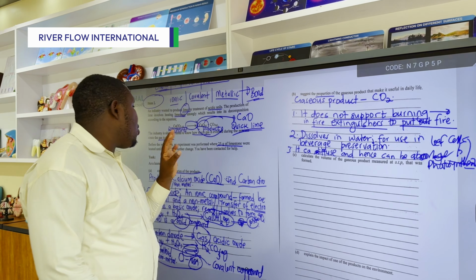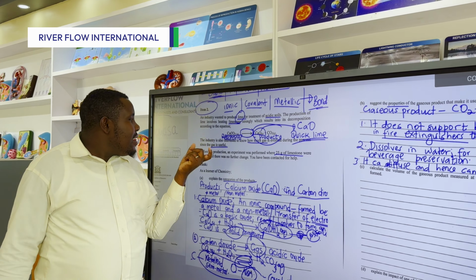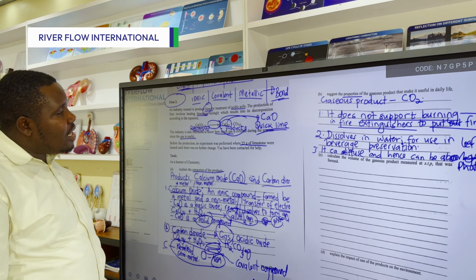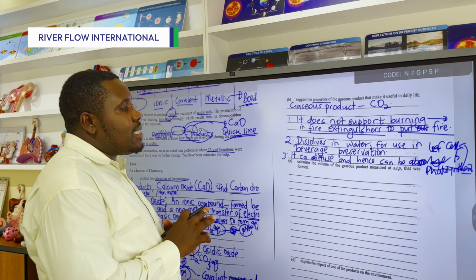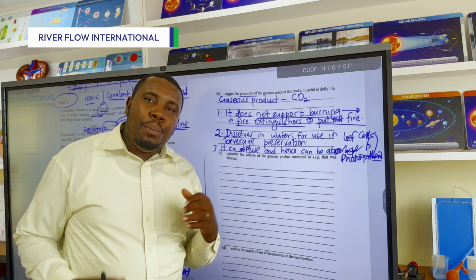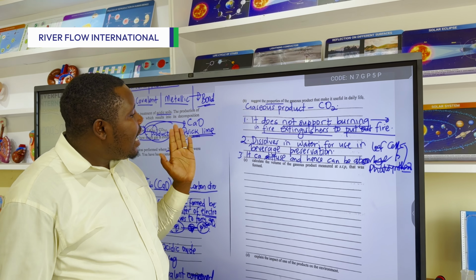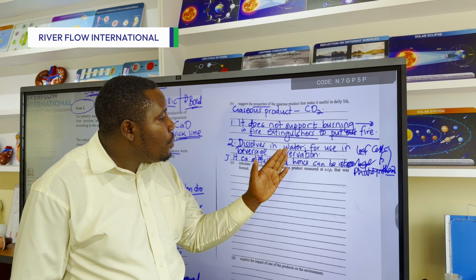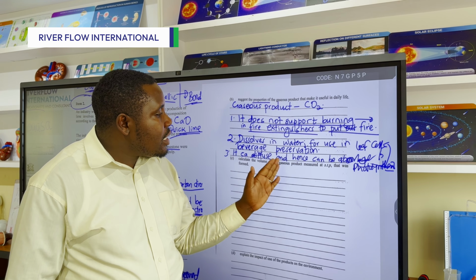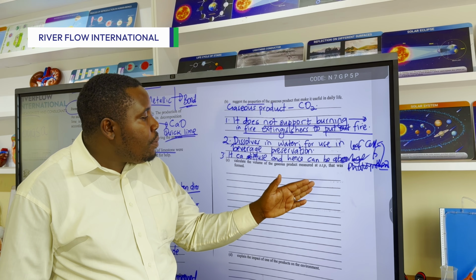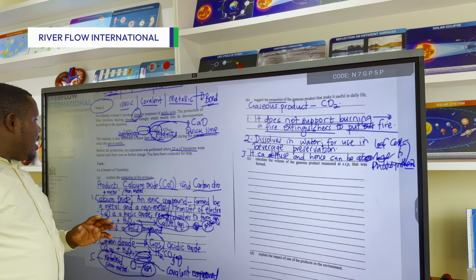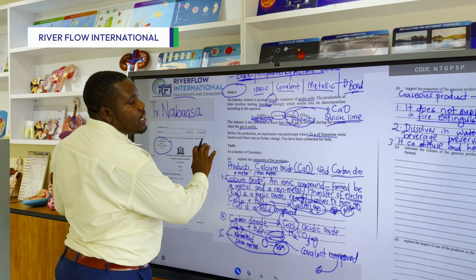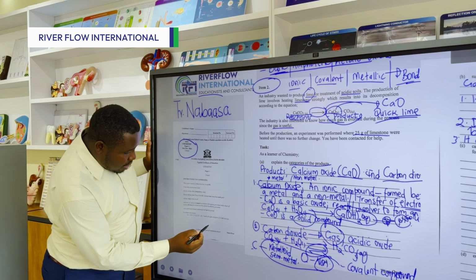Now, remember here they told us that the industry is also interested to know how much gas is evolved during the process, since the gas is useful. And here in part C, they are telling us to calculate the volume of the gaseous product measured at STP that was formed. Usually, I want to tell candidates, once you see a number like that, always come and check here.